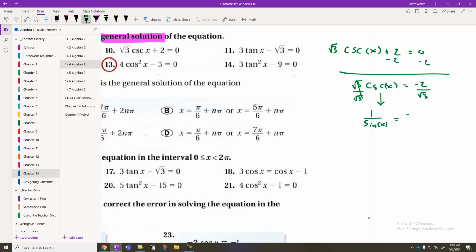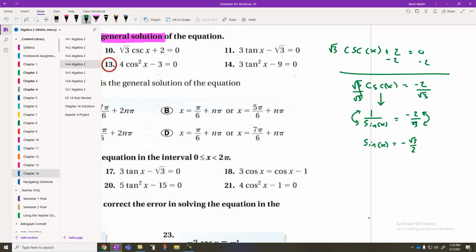And since that's equal to negative 2 over root 3, if I flip this fraction upside down, I will have to also flip this fraction upside down. So in order to put sine on top, the sine of x equals negative root 3 over 2.